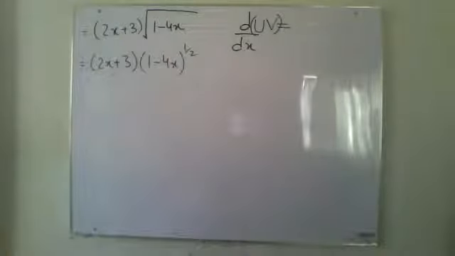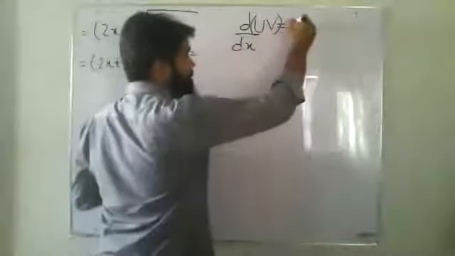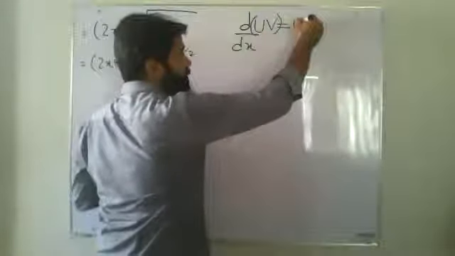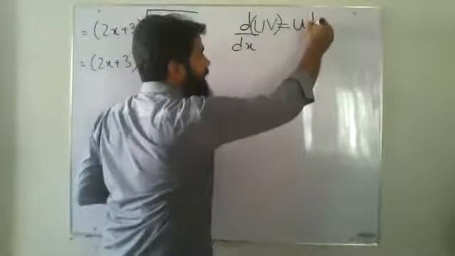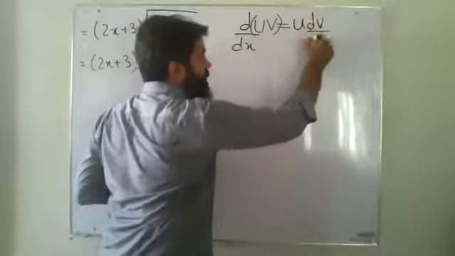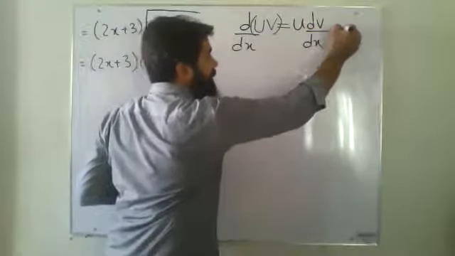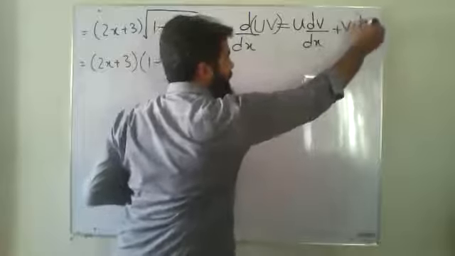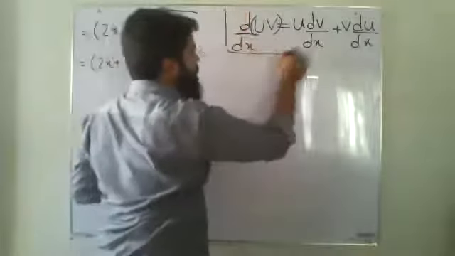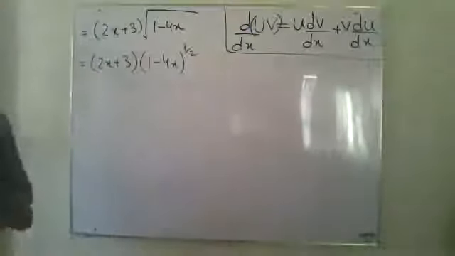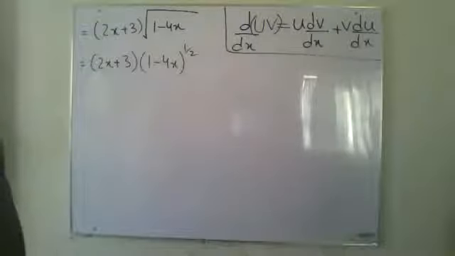There is a product of two functions which has to be differentiated. So the rule says first you will write your first function and differentiate your second function. Then you will write your second function and then the differential of your first function. This is the rule which we are going to apply when we have u into v.